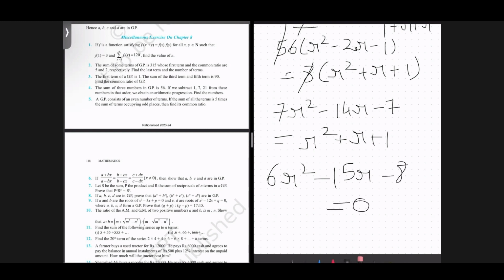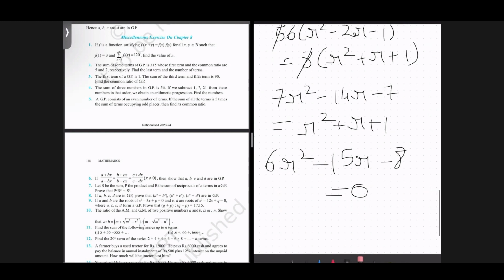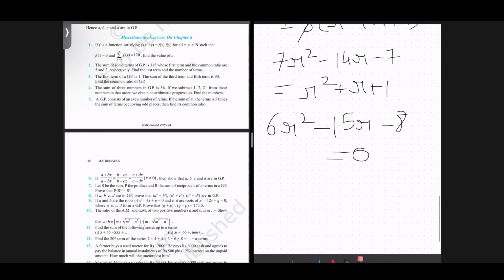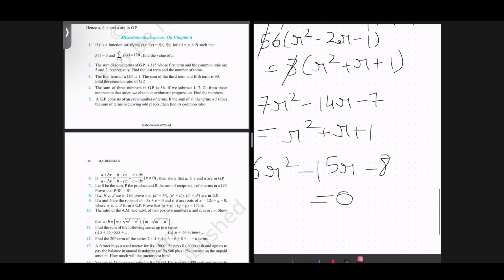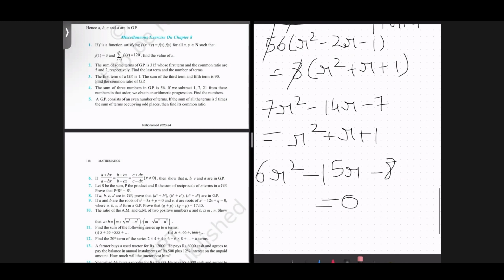Have I solved this correctly, or did I make a mistake somewhere? No. Oh, okay. My bad. I seem to have goofed up somewhere. Oh, it was +1 here, not -1.